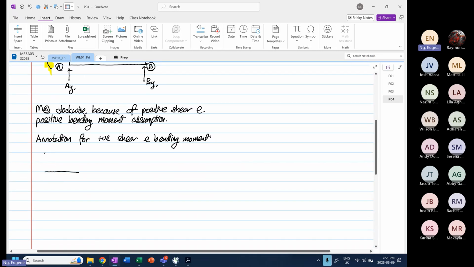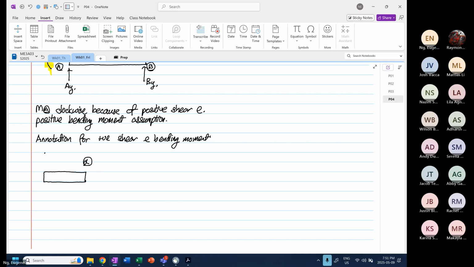If we look at our structure, and we want to know the shear force and bending moment at point alpha, positive shear is coming down, V alpha, and positive bending moment is going in the anti-clockwise direction.